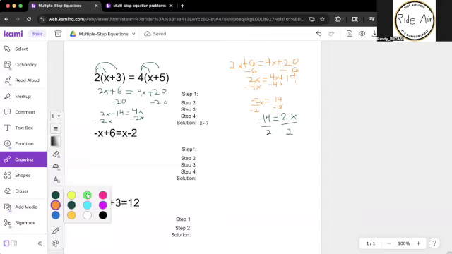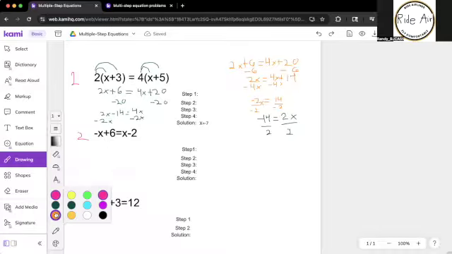I'm going to color code something with red there. So number 1 is complete. Now we have 2 and 3. Number 2 is negative x plus 6 equal to x minus 2. So we're going to first subtract.